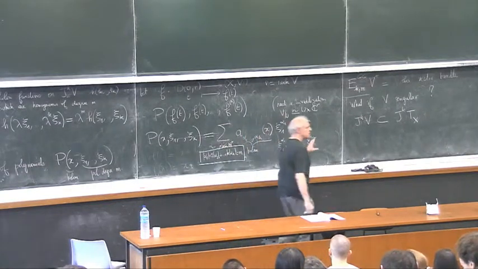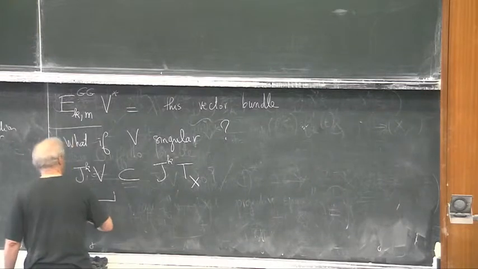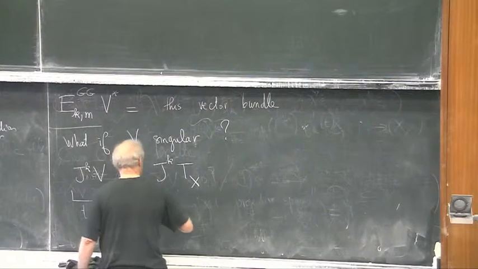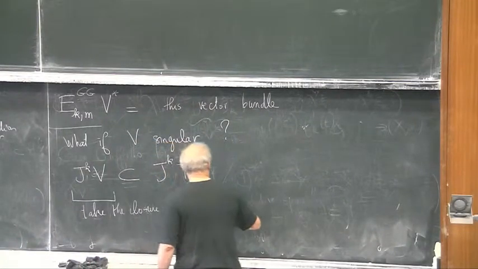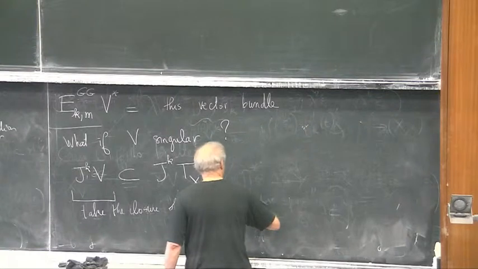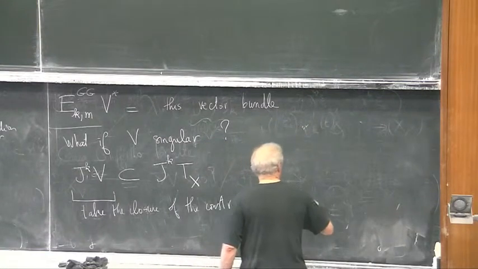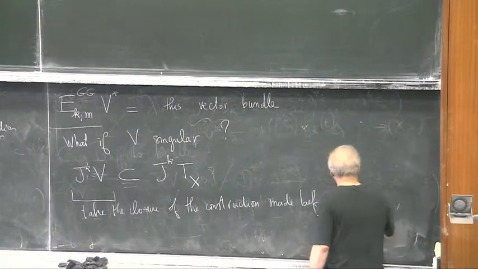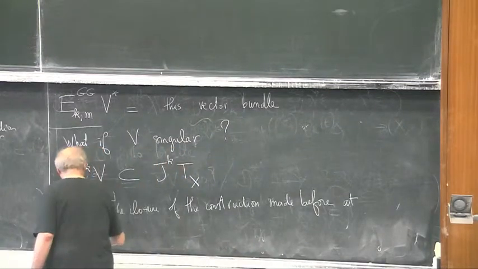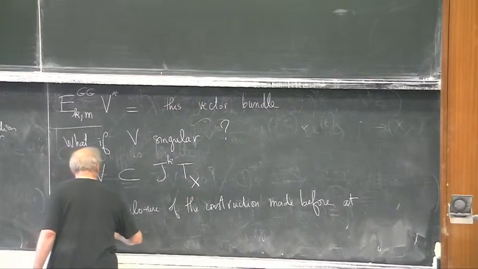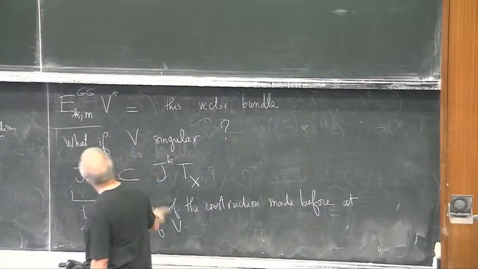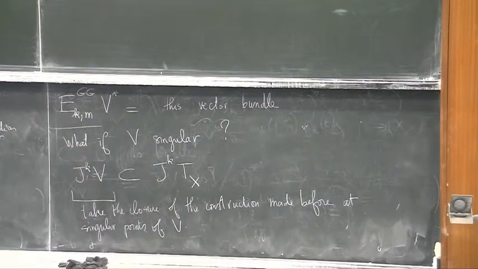So you just take the closure of the construction before, at singular points of V. Of course, at those singular points, the dimension might jump, will increase, possibly.